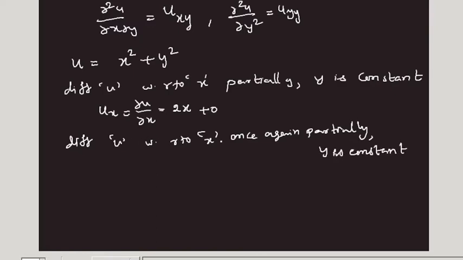If we differentiate u x we get u x x. On the right hand side 2x is there. We have only x term, so differentiation of x is 1, and we get 2.